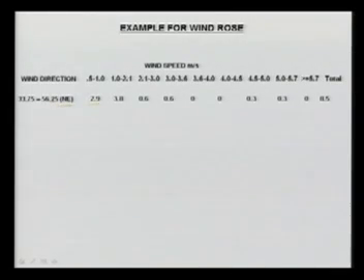So this is what joint frequency is. Joint means this as well as this. So you can say 3.8% of the time my wind was from the direction northeast and it was in the wind speed range of 1 to 2.1 meters per second, and so on. Now the interesting thing is I must be able to plot it, and I'll show you how I plot it for this example.